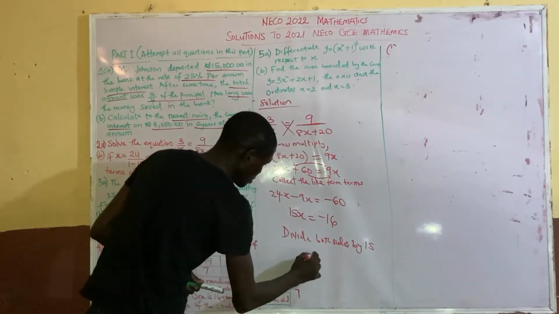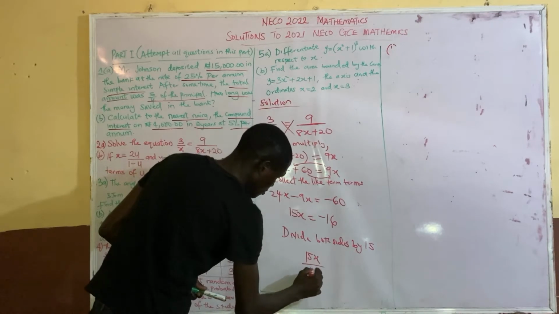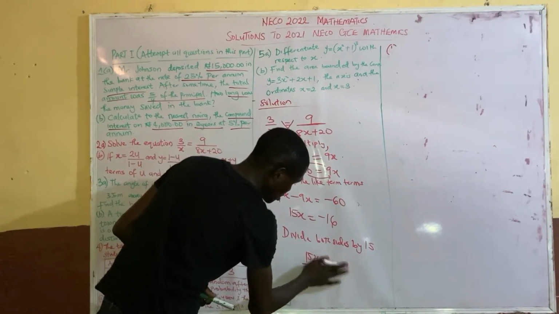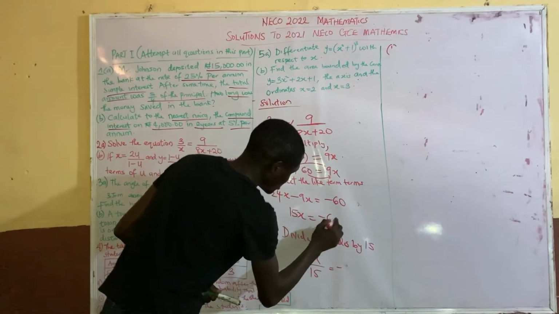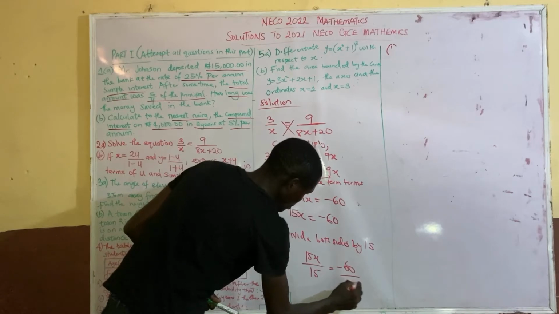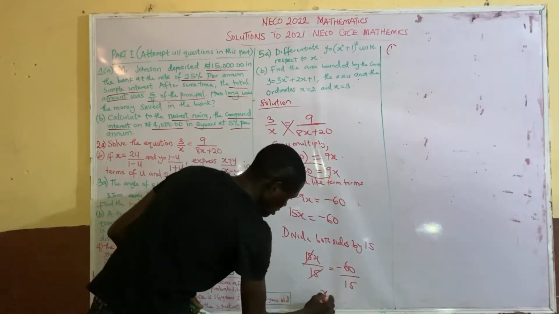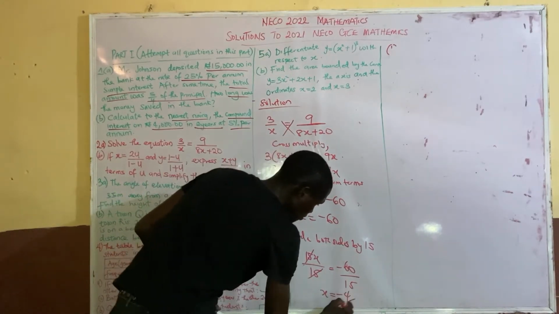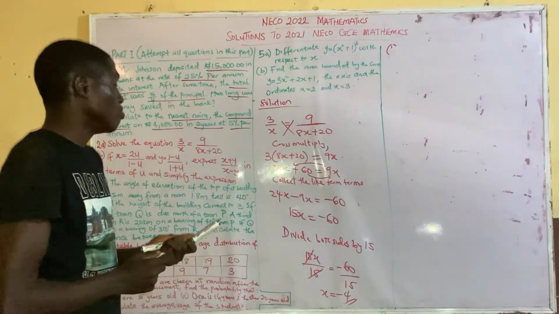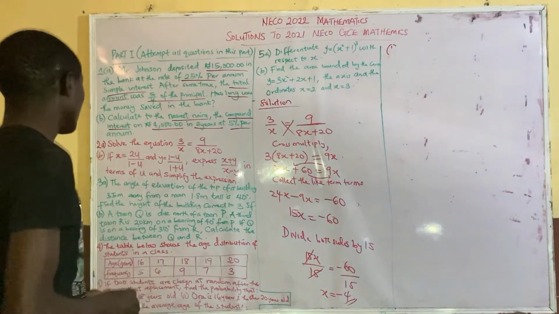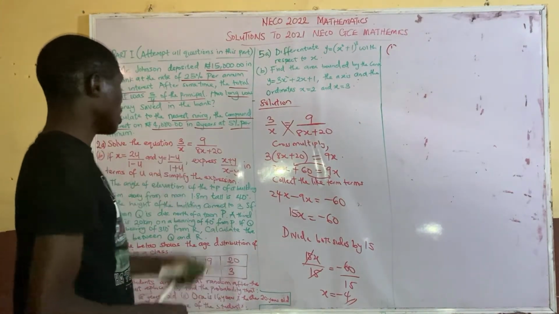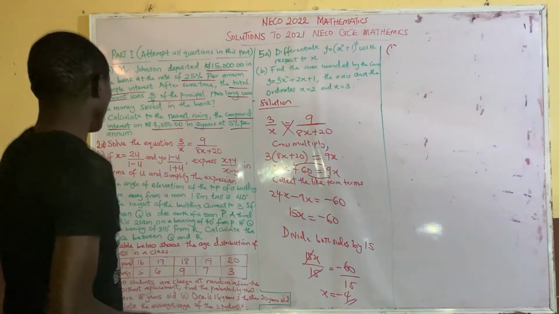So we have 15x over 15 equal to minus 60 all over 15. So this one cancels out. x equal to minus 4. You press the calculator, 60 over 15 is minus 4. You can cross check by putting minus 4 into this. You are still going to get the same answer on both sides.